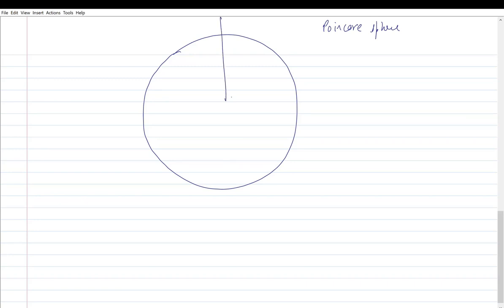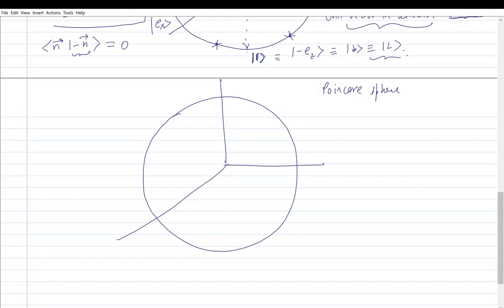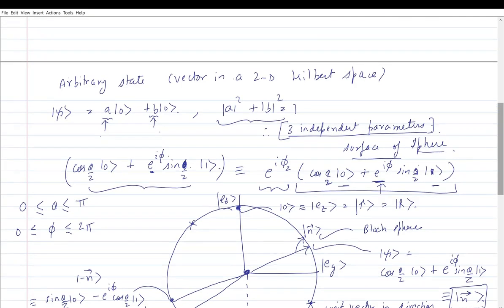So once again, I have the axes, and well, let me just label other states on this qubit also.